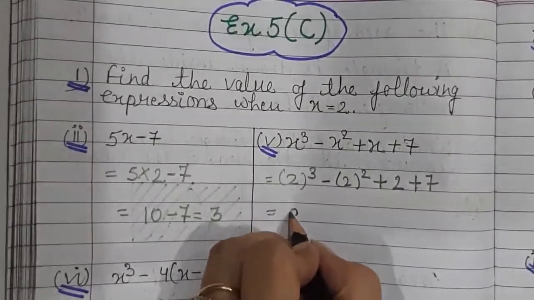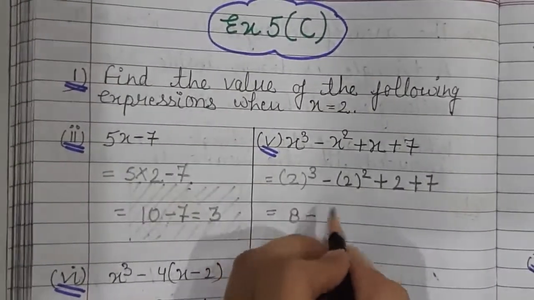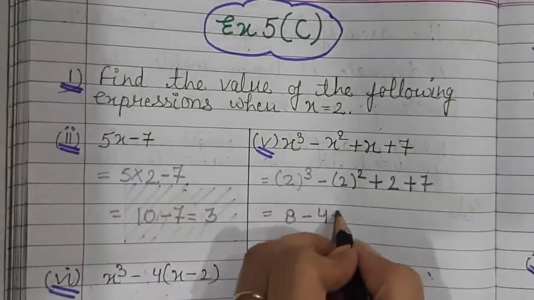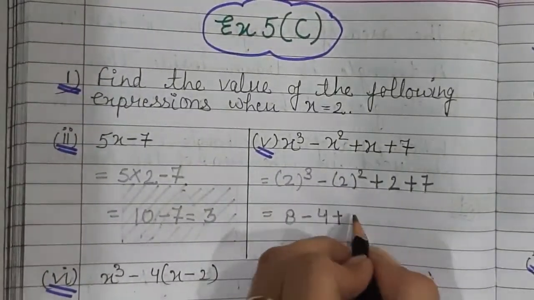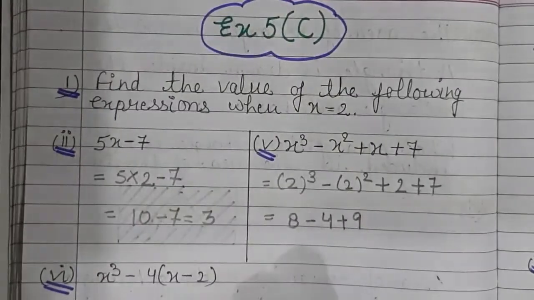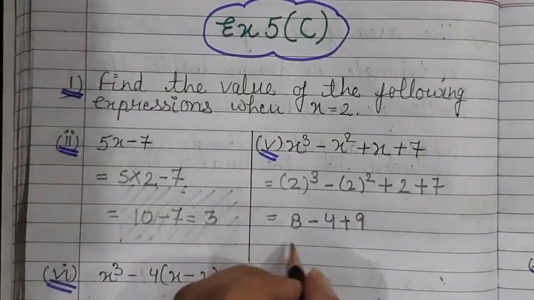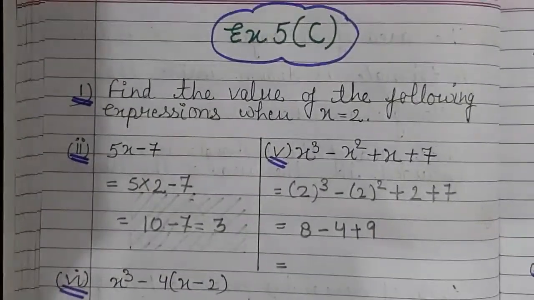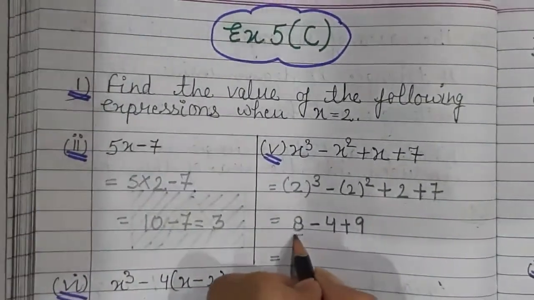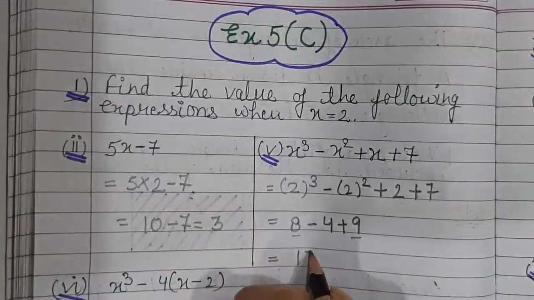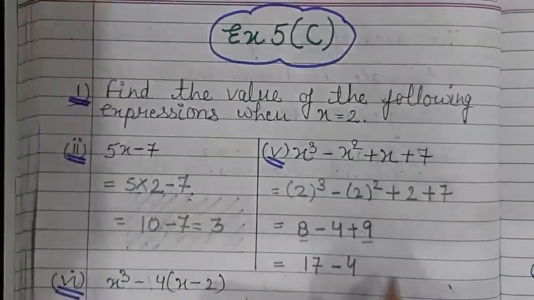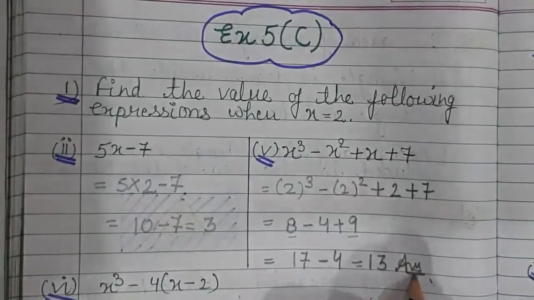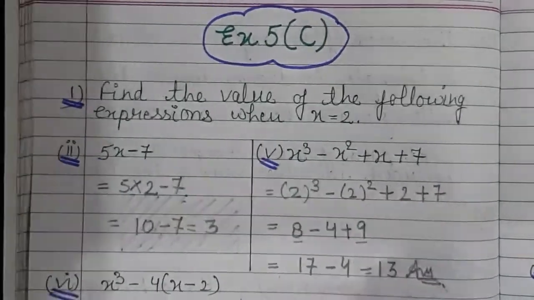So it will come as 8. Minus 2 square will be 2 into 2, 4. Plus 2 plus 7 is 9. Clear? Now 9 plus 8 is 17. 17 minus 4 is 13. 13 will be the answer. Is it clear?